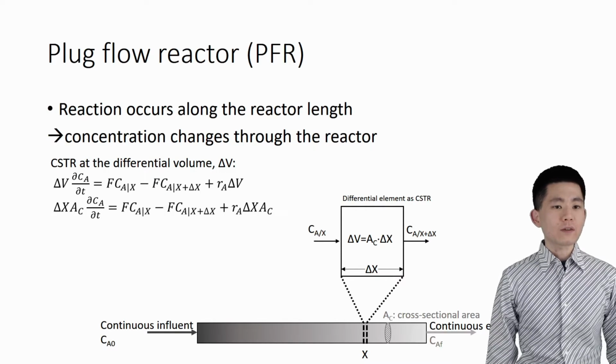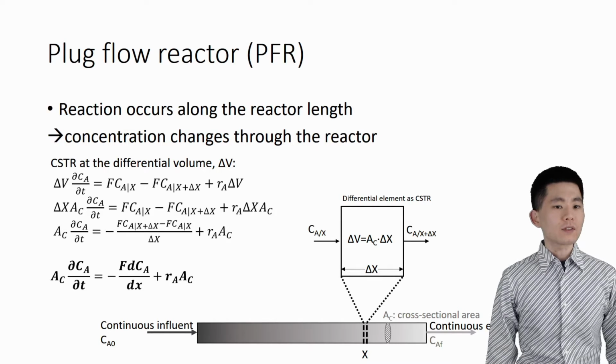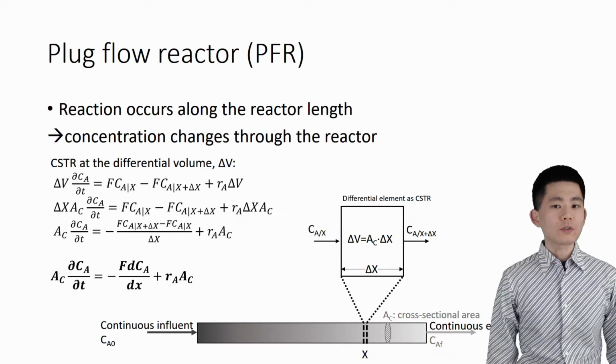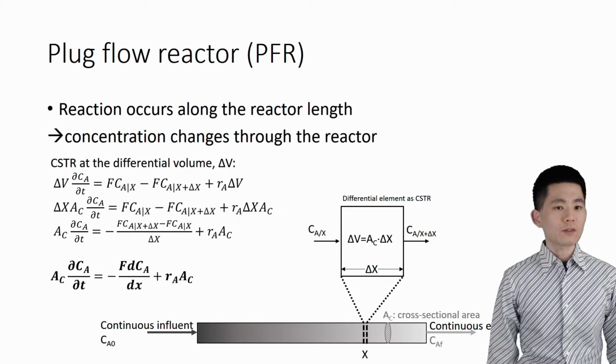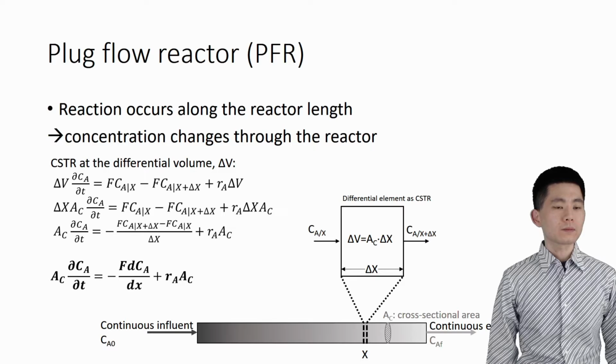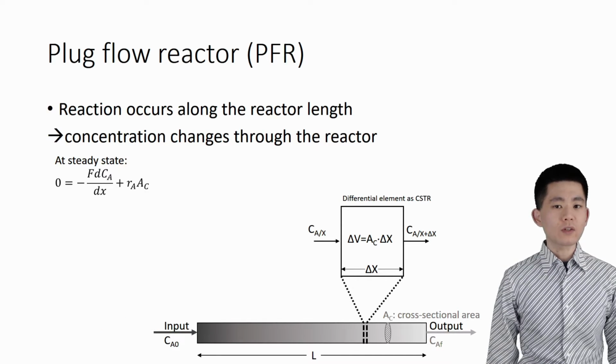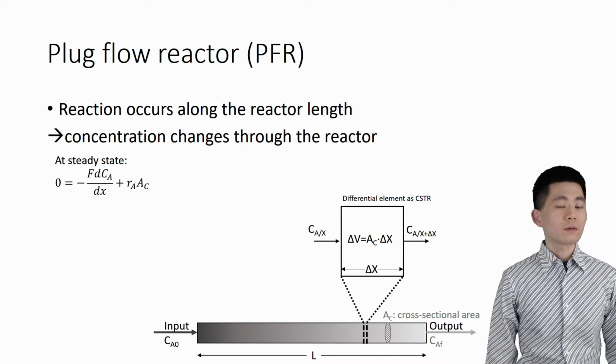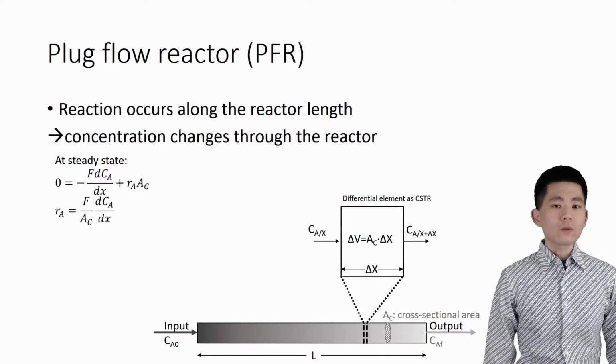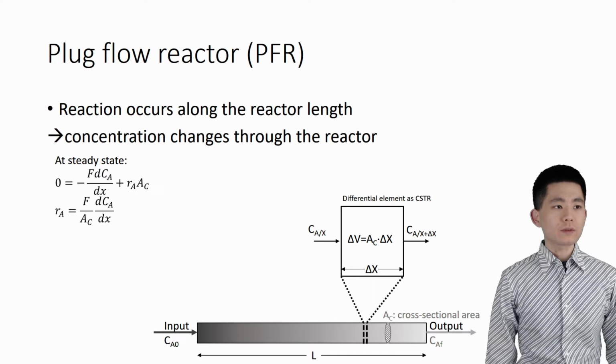Delta V is the product of delta x and the cross-sectional area A. We can divide both sides of the equation by delta x to get this differential equation that can be used to calculate component A concentration at a given time and location in the reactor. At steady state, where there is no change of concentration over time, CA is related to the location x and the reaction rate R. After rearranging, we can express the reaction rate with this equation.